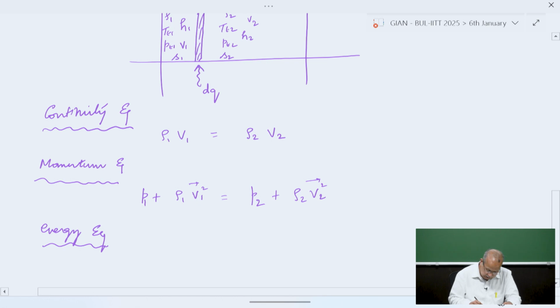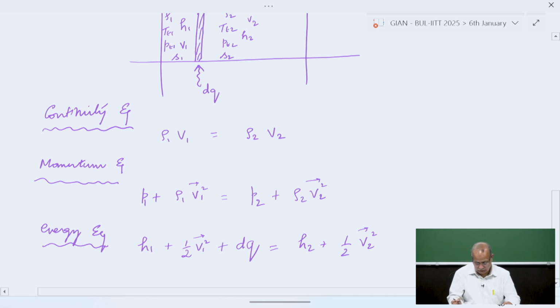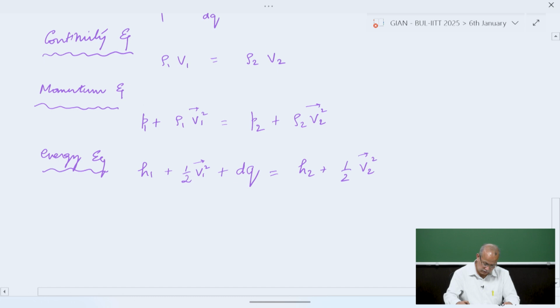So before heat addition, H1 plus half V1 square, that is the energy equation, plus dQ, the heat that is added, will be equal to H2 plus half V2 square. That is the energy equation here. There is no work interaction, so work does not come into the energy equation here.